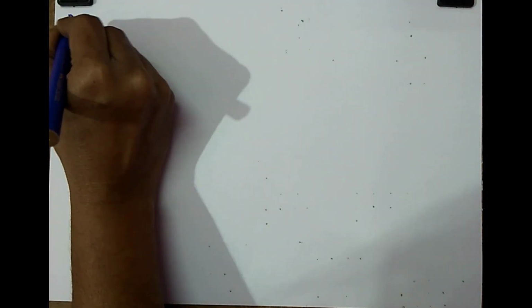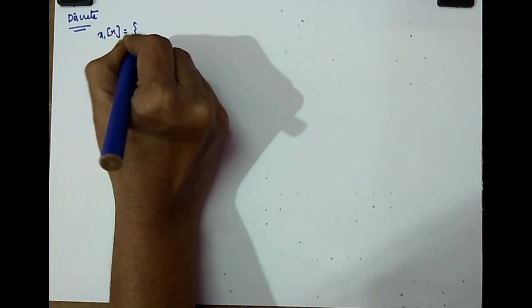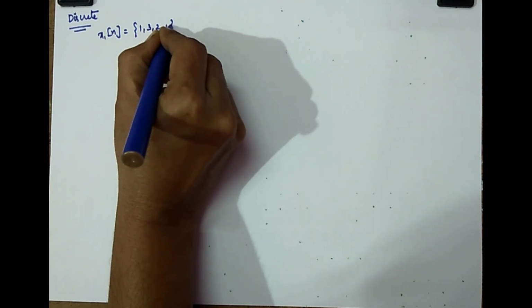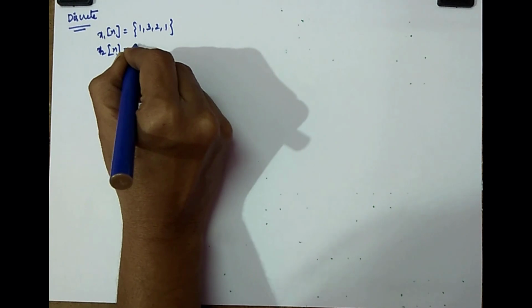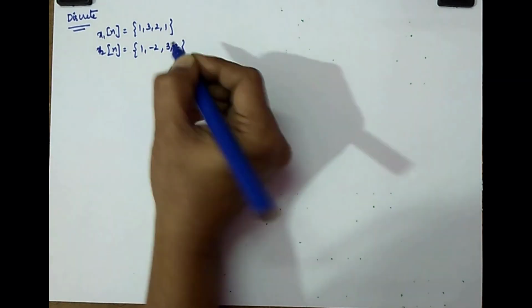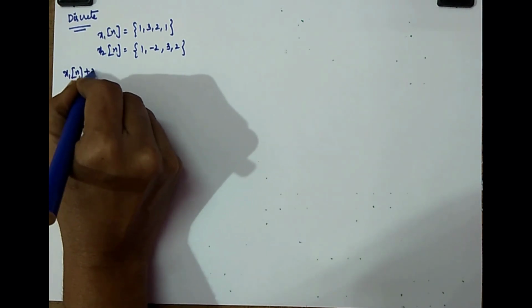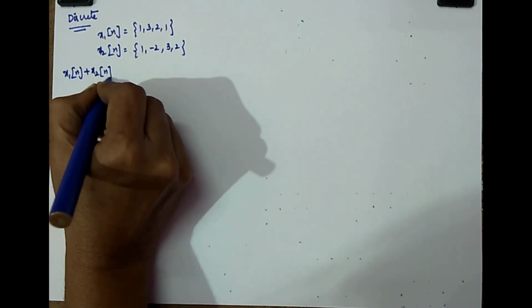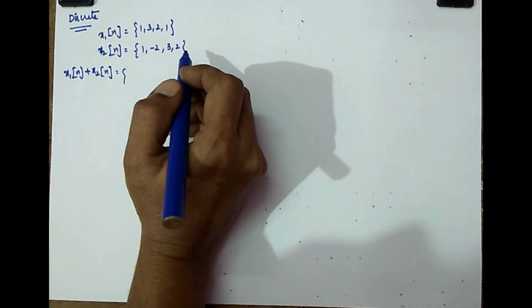For the discrete case, let x1 of n be 1, 3, 2, 1, and x2 of n be 1, minus 2, 3, 2. So what is x1 of n plus x2 of n? Yes, 4 samples are there.